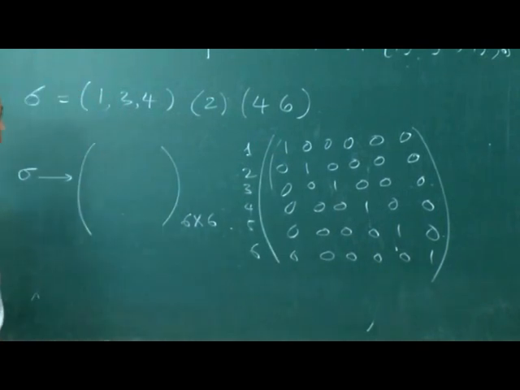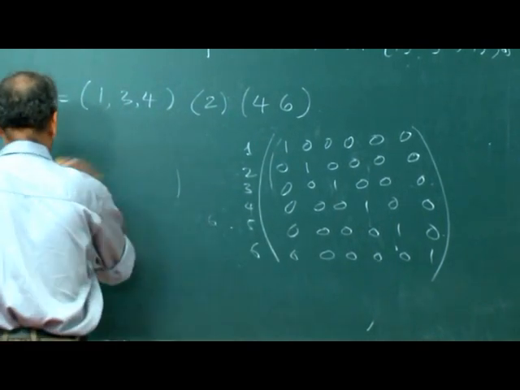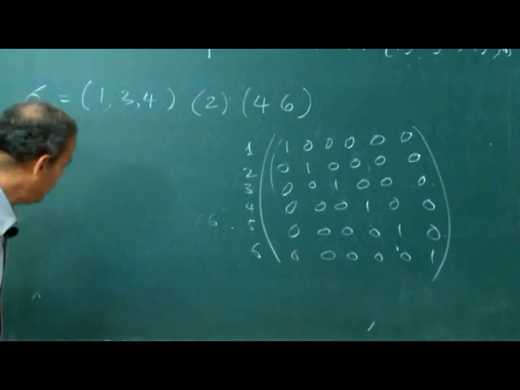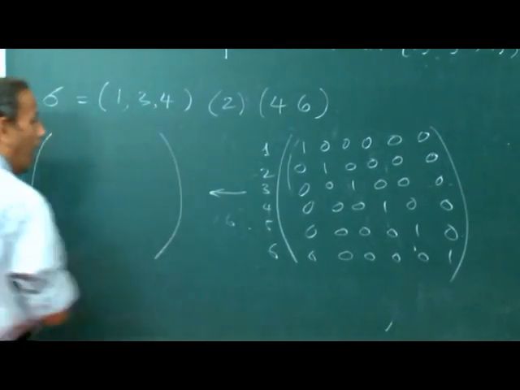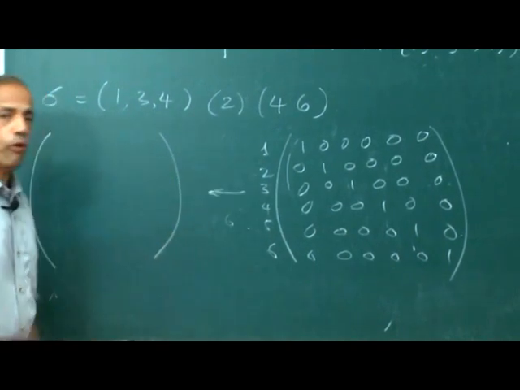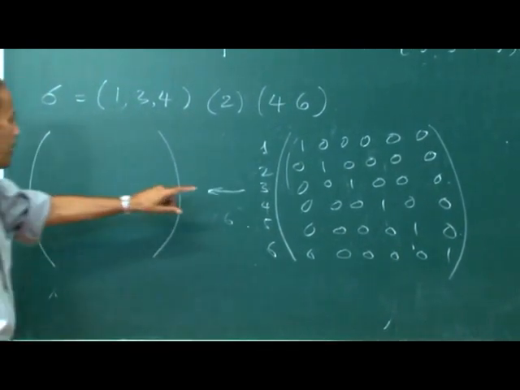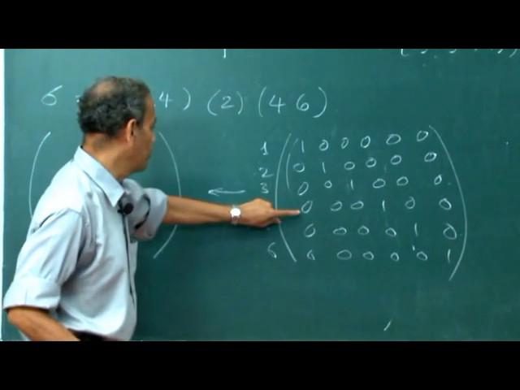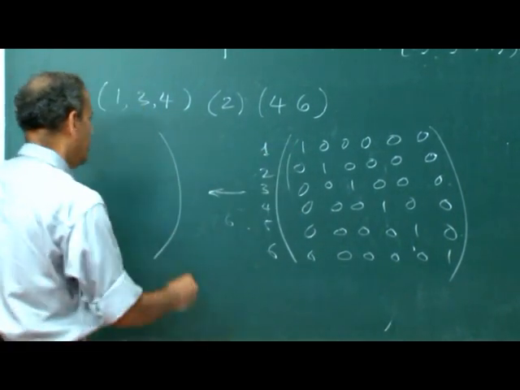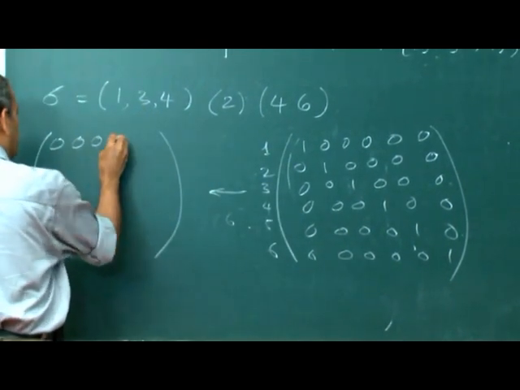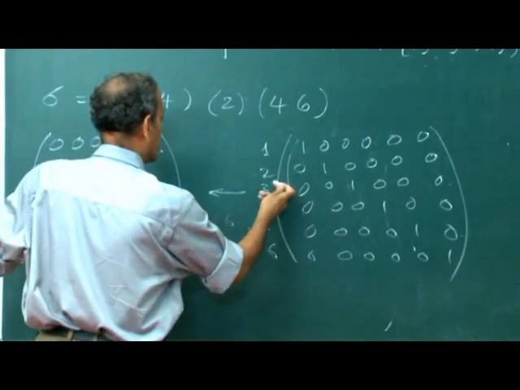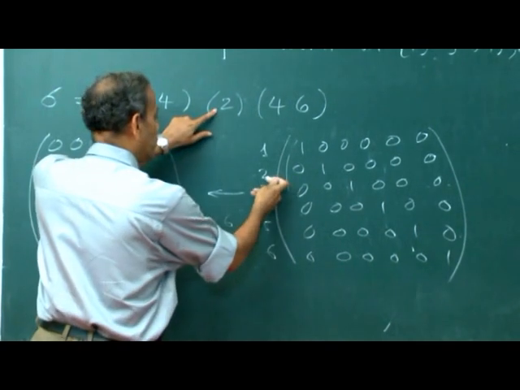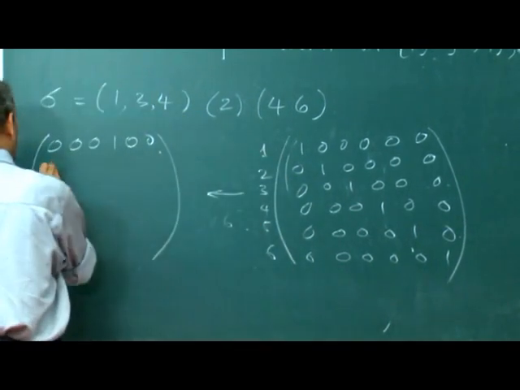So let us do that here. I apply this permutation to the rows of this matrix. Row number 4 is going to row number 1, so row number 4 comes on the top. Then 2 is fixed, so row number 2 is not changing.